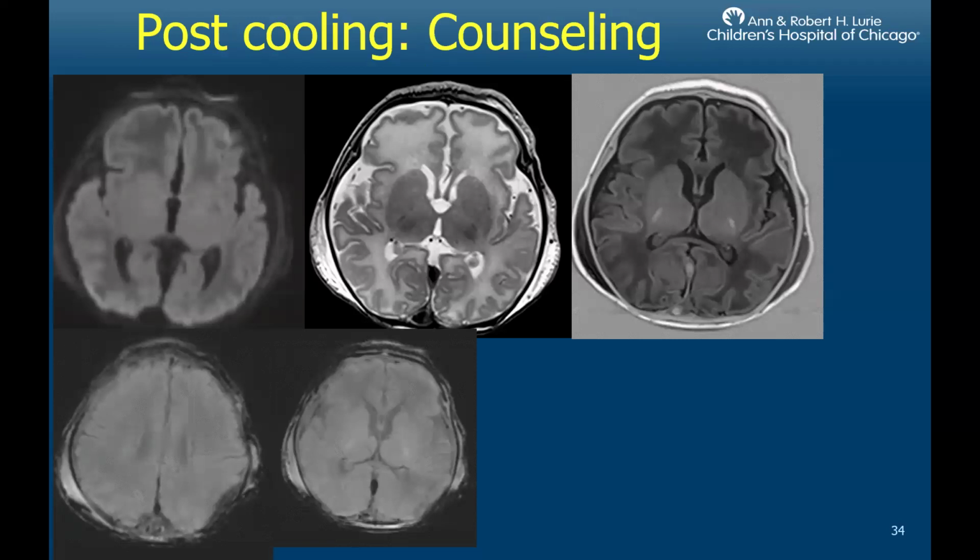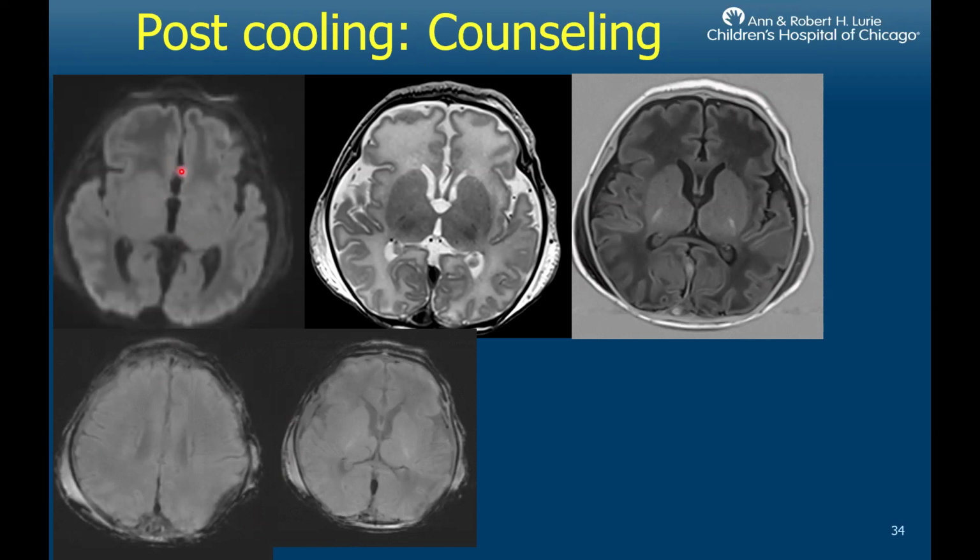And this is very helpful for our clinicians, plus also for our families to get a sense of what the potential could be. So I think this is an important aspect that we don't realize when we're reading these scans.